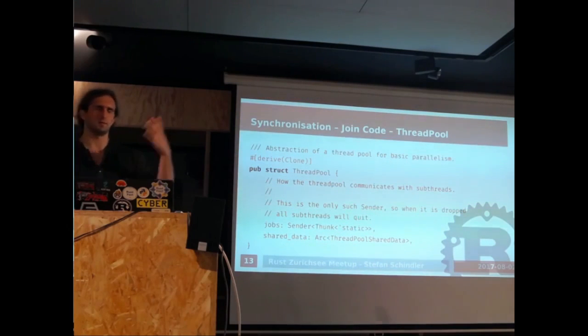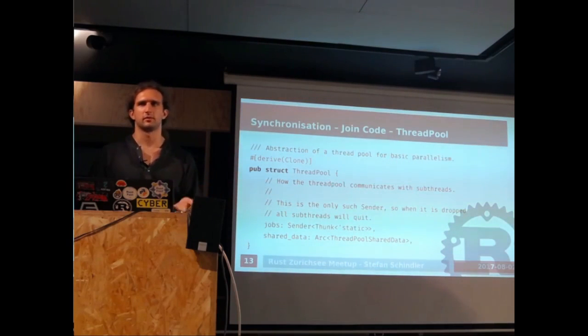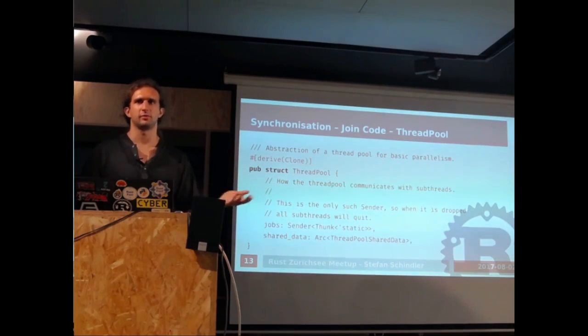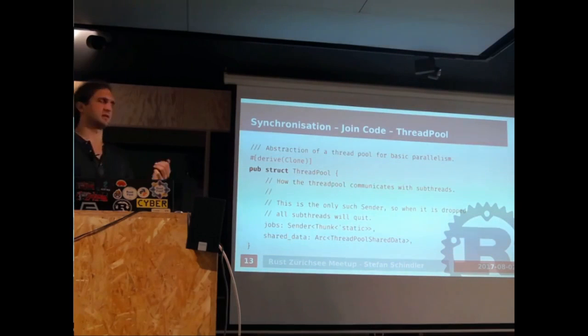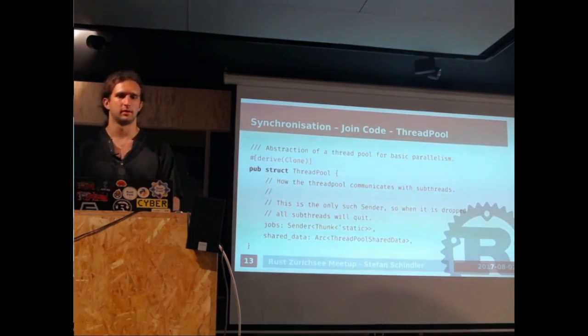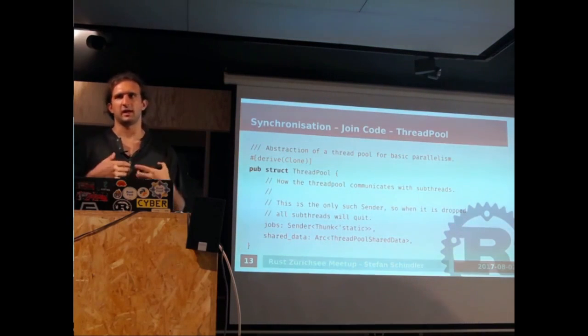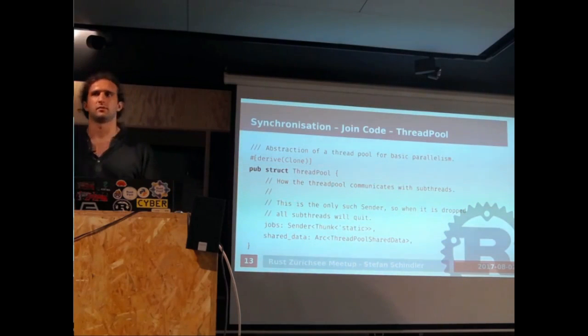Derive means, dear compiler, I'm too lazy to write boilerplate code, just implement a copy operation, and the compiler will complain if you can't do it. There are also other implementations like Debug or Equal. If they're easy enough for a type to just be auto-generated, you can just tell it with derive to do stuff.